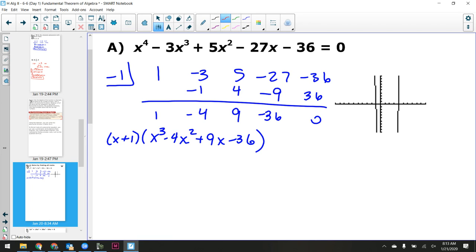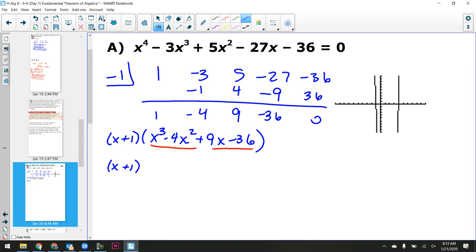All right. Now, what should we check next? We should always check to see if I can factor this. Ooh, I can factor this by grouping. So I've got x plus 1. Now, could I have gone through and synthetically divided out a +4?